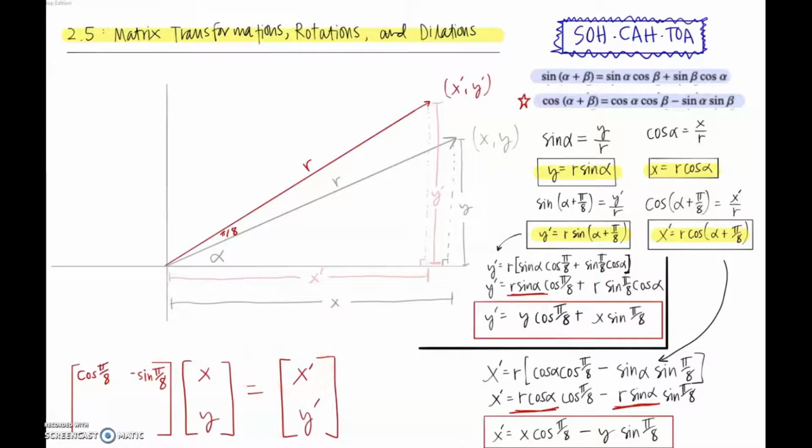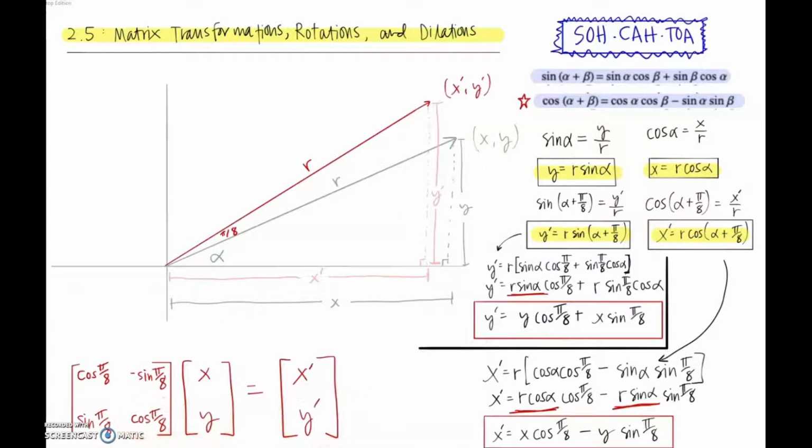That sounds perfect. Okay, for this guy, how about if I put, let's see, I would want a sine pi eighths, and then how about a cosine pi eighths right here, and let's see if that gives me what I want. So sine pi eighths times x, good, plus cosine pi eighths times y, good, equals y prime.